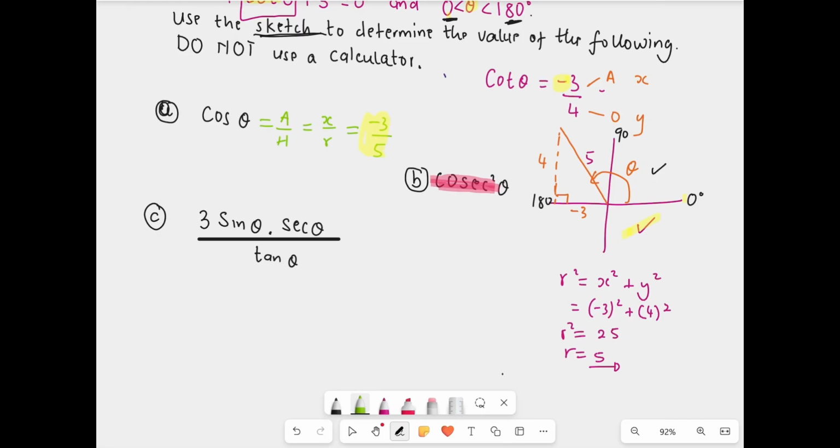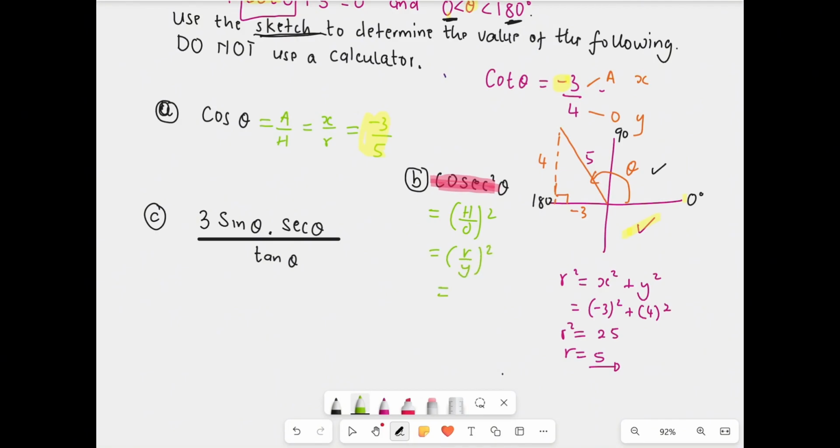Remember the definition of cosec. Cosec is the reciprocal of sine. So now that means cosec is the same as what? It is the same as hypotenuse over opposite, all squared. Remember, you can say it is r over y all squared.